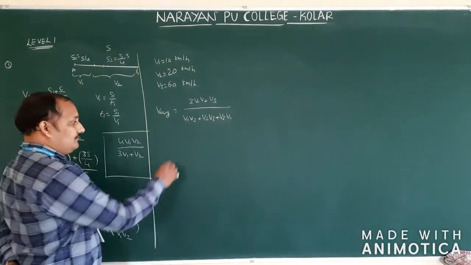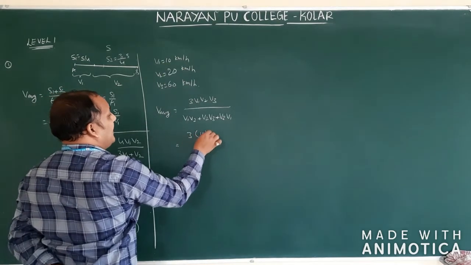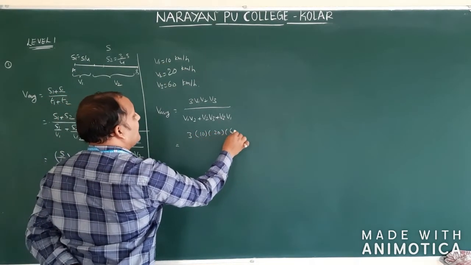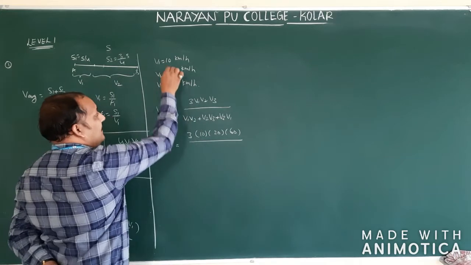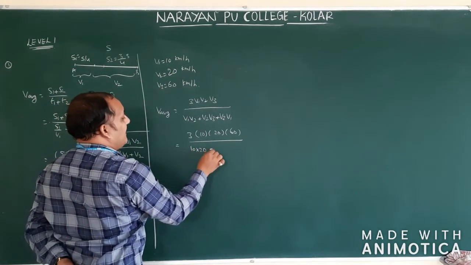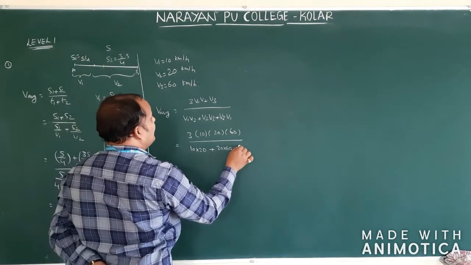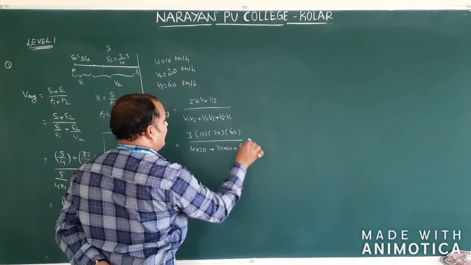So 3, what is v1? 10 into 20 into 60 divided by 10 into 20 plus 20 into 60 plus 60 into 10.